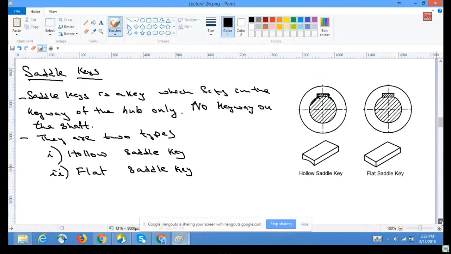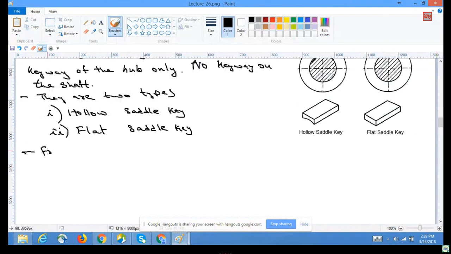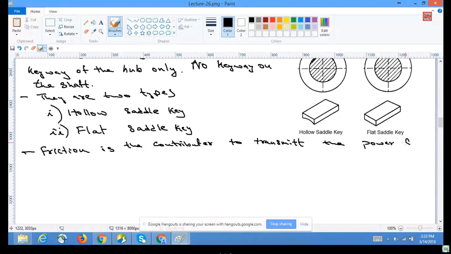And friction is the contributor to transmit the power from shaft to hub or vice versa, and typically used in lightweight application.